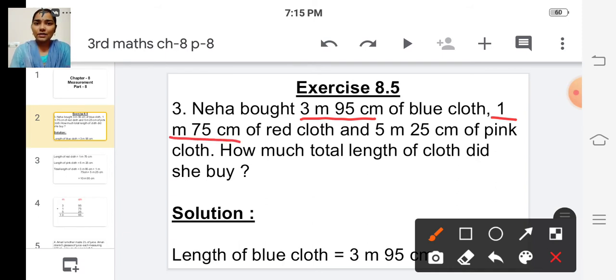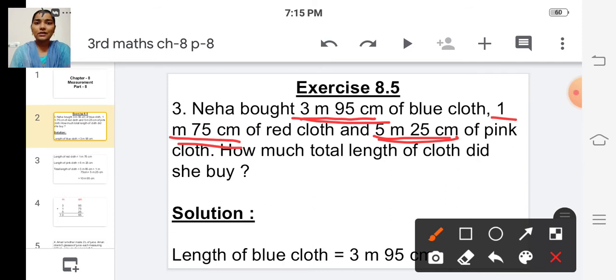The third one is pink cloth, and its length is 5 meter 25 centimeter. To find the total length, we have to add these 3 lengths.